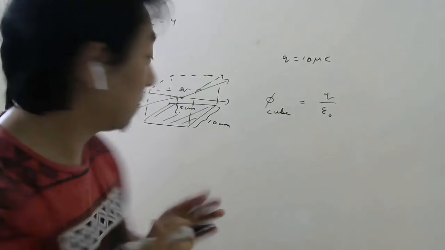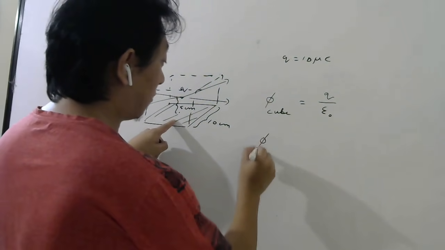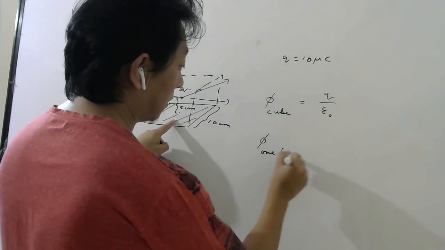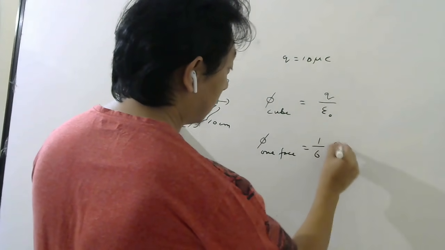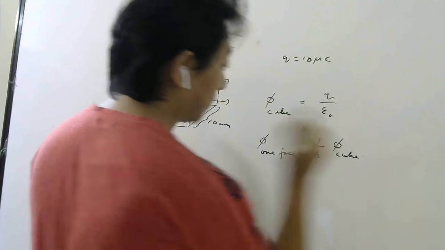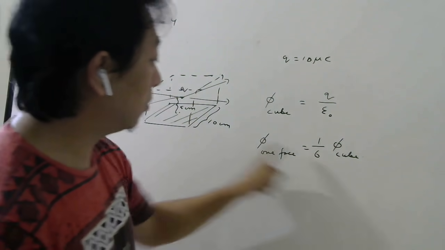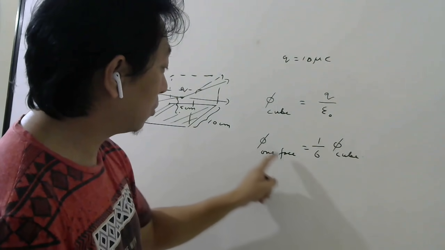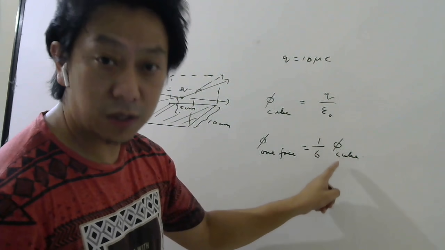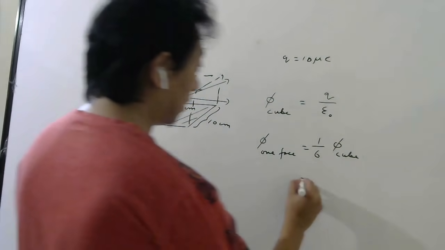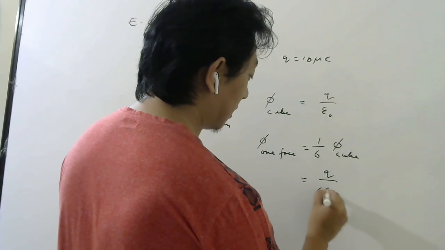So flux through one face will be 1/6 of flux through the cube, because 6 times flux through one face will be the flux through the cube. So this will give you Q by 6 epsilon naught.